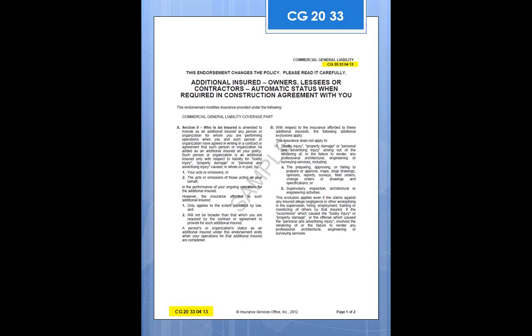So with all those names that we have, if we've only said owner in the contract, then literally in most cases only the owner entity, the single purpose entity, if that entity is named in a lawsuit, that would be the only one that they would want to cover.